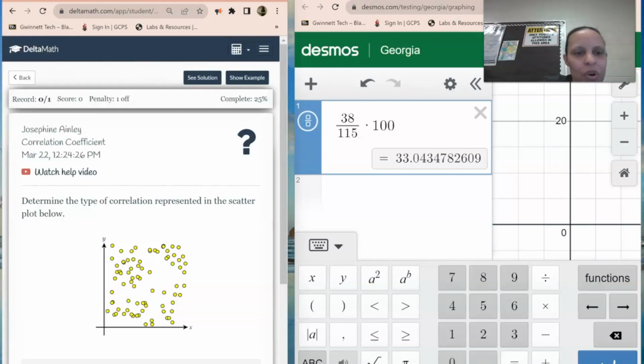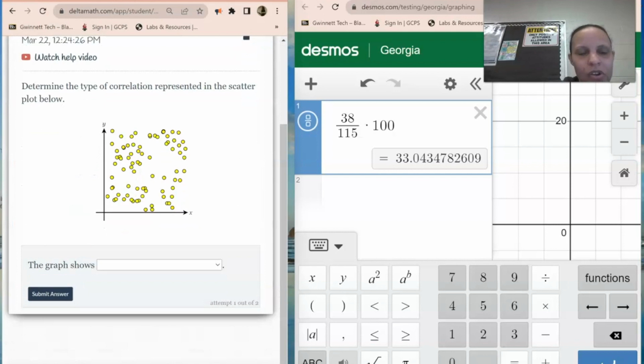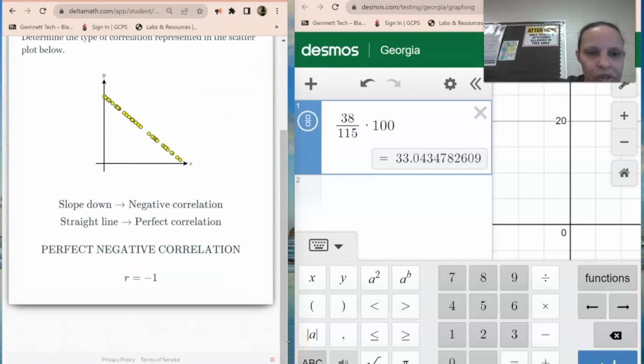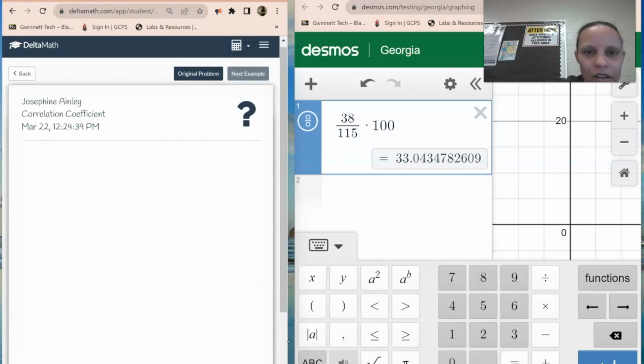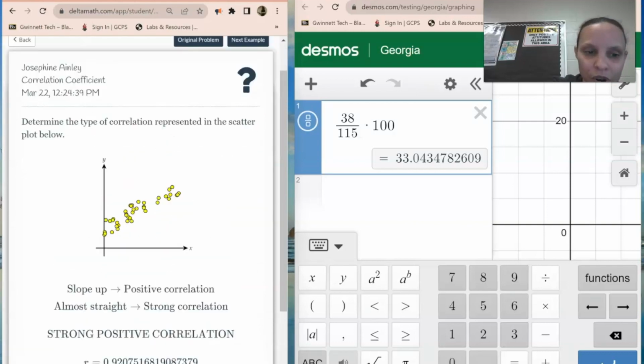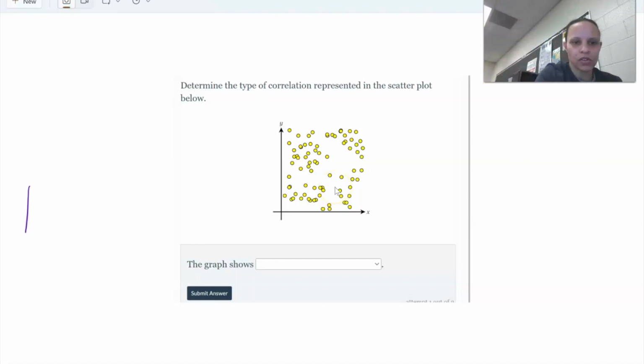All right. Correlation coefficient. Ooh. All right. So remember, really for correlation coefficient, I'm going to do it off the example. If it's completely straight and going down, it's -1. If it's completely straight and going up, it's +1. Really what it looks like is this. It goes from -1 to +1.